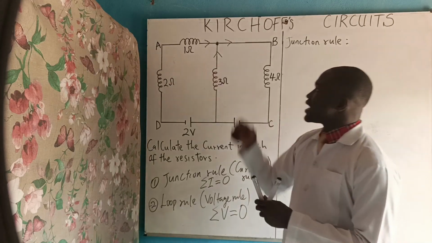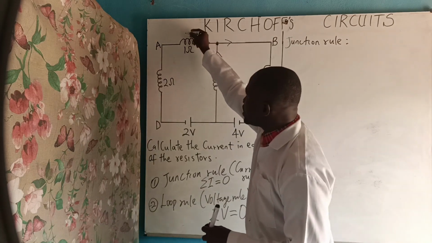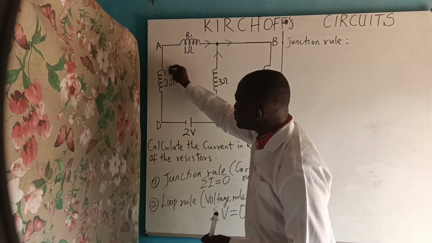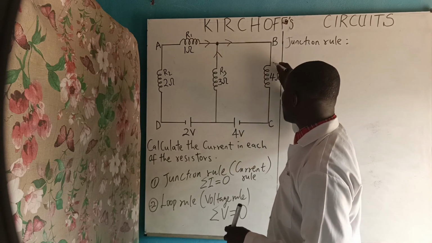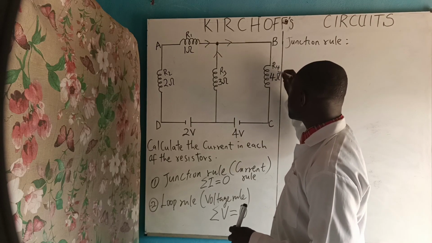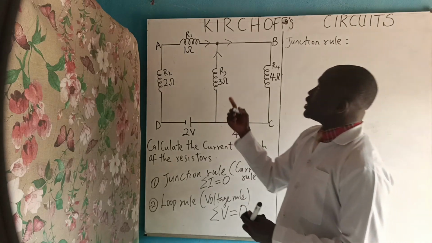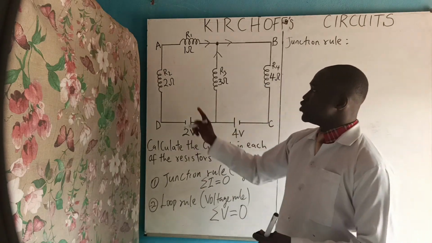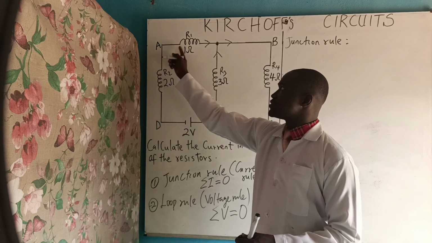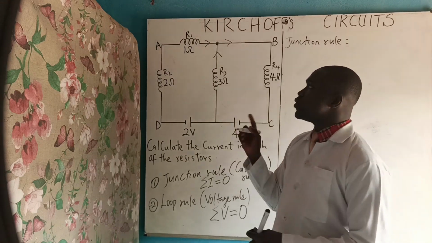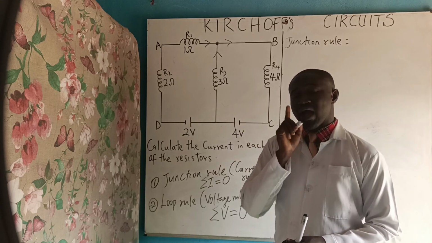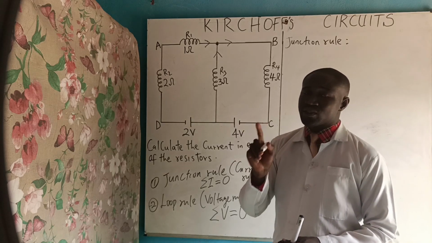Now, from this direction, let's label. We can call this one the first resistor, the second, just take note of what you are calling them, and the fourth resistor. Now, let's assign their currents. Do you notice that this resistor and this resistor are in series? We noted that when 2 or more resistors are in series, they will have the same current but different voltages.